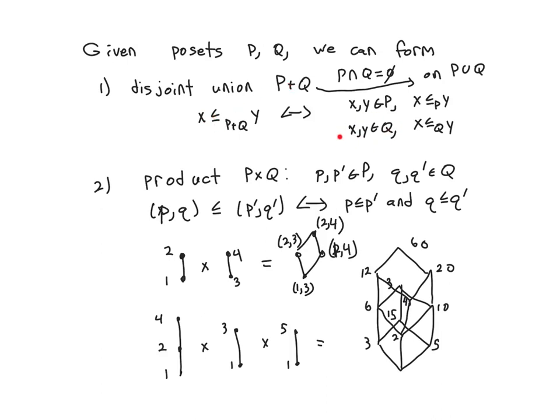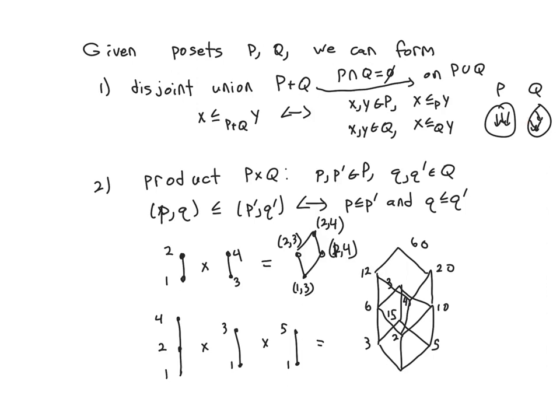Similarly, given two elements in Q that are comparable in Q, we define x and y to be comparable in P plus Q. And then we don't add any new relationships. So basically, these are two different groups, and we've just decided to put them in the same room. And so the Hasse diagram looks like that. You draw the Hasse diagram for P, then you draw the Hasse diagram for Q, and then you do nothing else. There are no new relationships between elements of P and elements of Q.